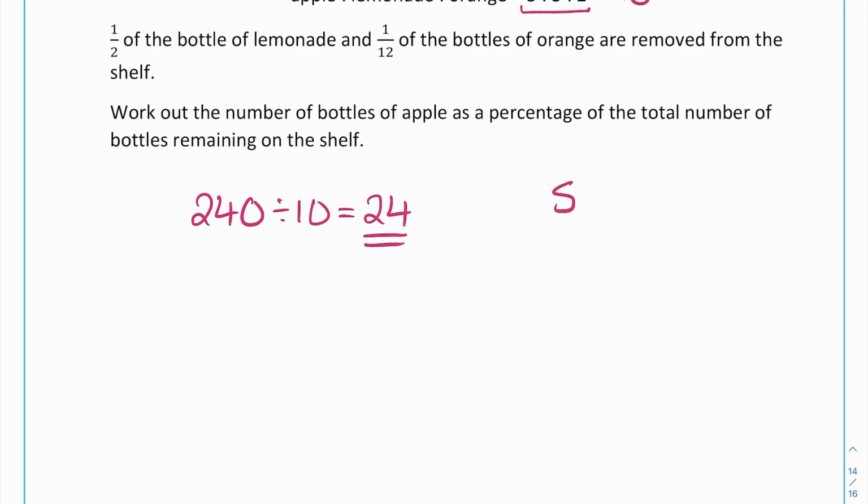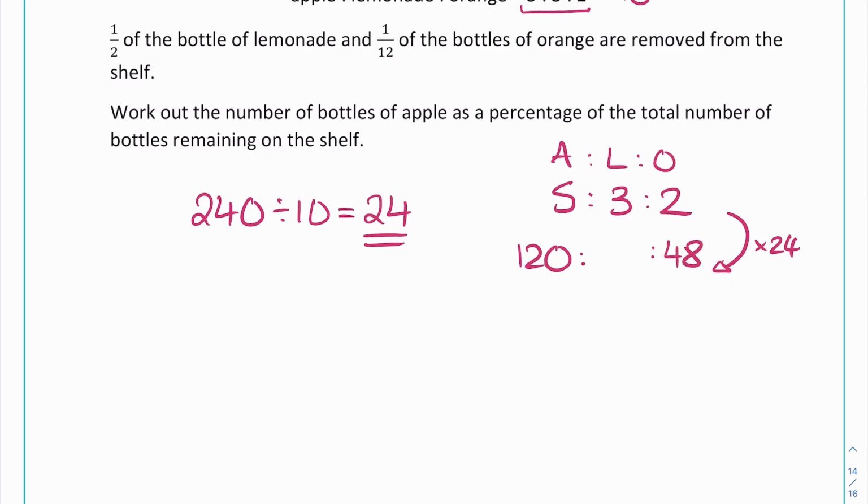And if we share that out, 5, 3 and 2, apple, lemonade, orange, I want to multiply them all by 24. 5 times 24, you can take your time to work these out, that's half of 10 times 24, so it's 120. 2 times 24 at the end is 48. 3 times 24 is another 24 on top of that, so 52, 60, 72, and there we go. So that's how many bottles there are currently on the shelf.